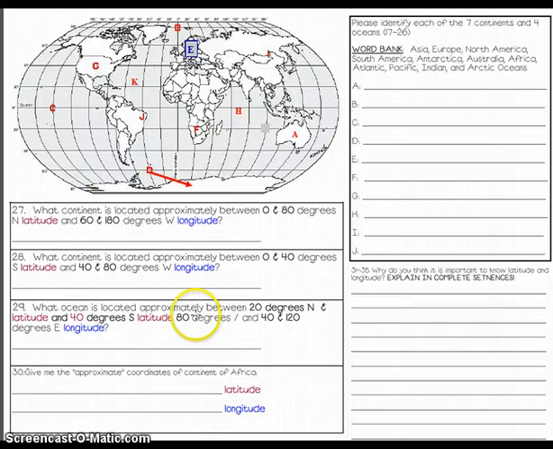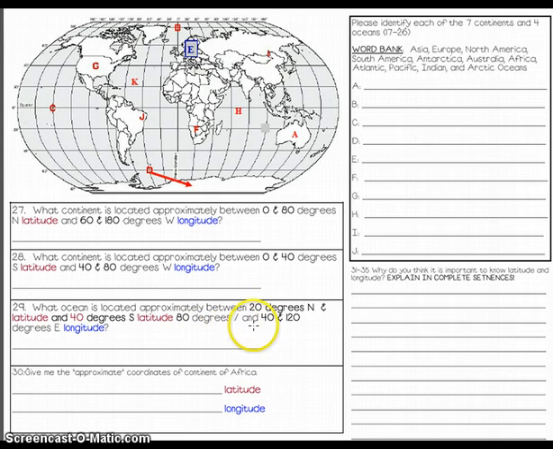29. What ocean is located approximately between 20 degrees north latitude and 40 degrees south latitude, and 40 and 80 degrees east longitude? So this is all together.